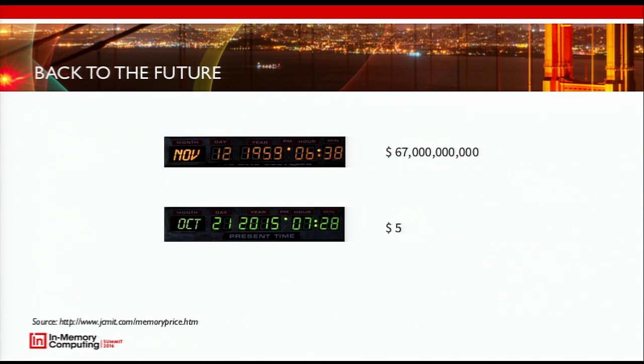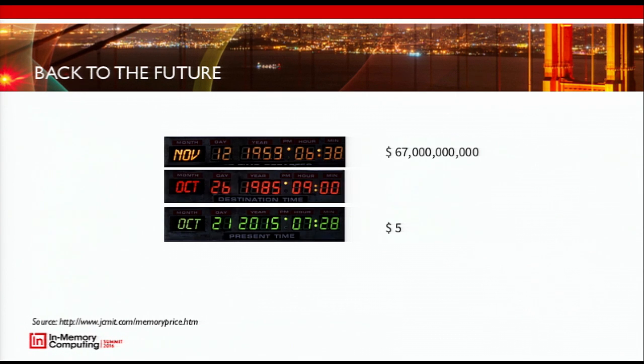Of course, you couldn't buy that amount of memory because there wasn't so much memory in the entire world at that time, but that's what it would cost if you just scale it up proportionally. And somewhere in between, incidentally when this film debuted in '85, it was much cheaper than back then, but much more expensive than today. It's about $1 million.